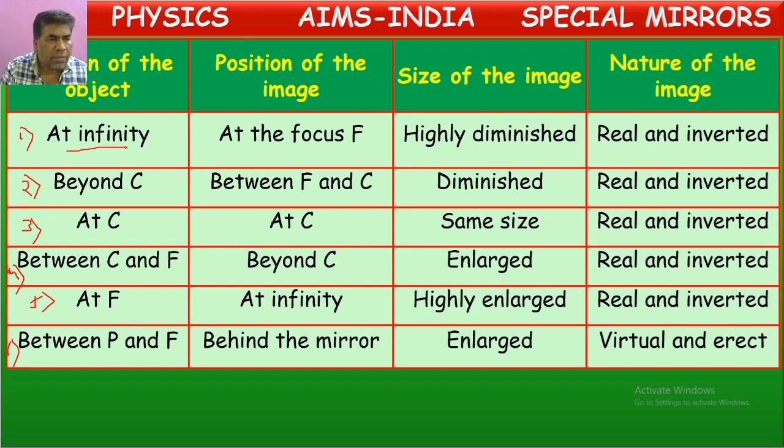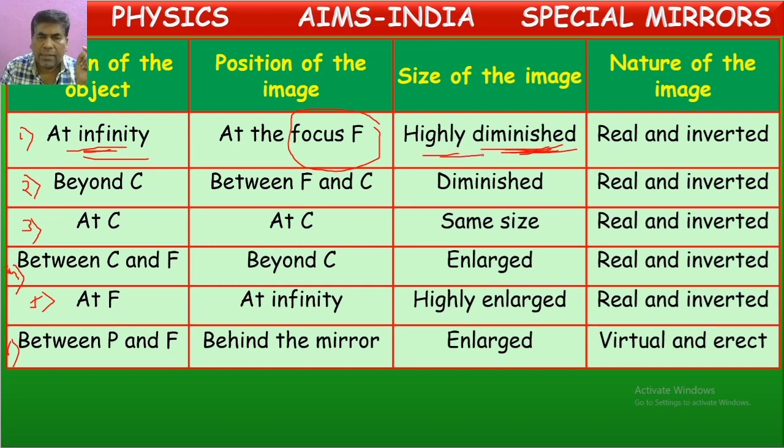In the first case, when the object is at infinity, what happened? The image is formed at the focus. But how? Like a point. Already I have told, very small. Diminished. Here, the meaning of diminished is very small. Highly diminished means very small.